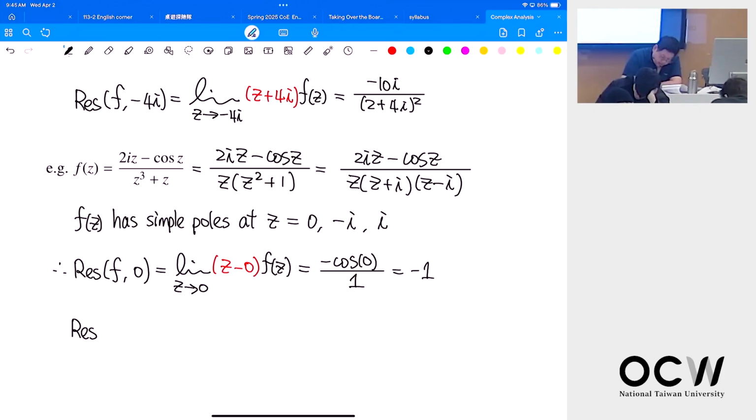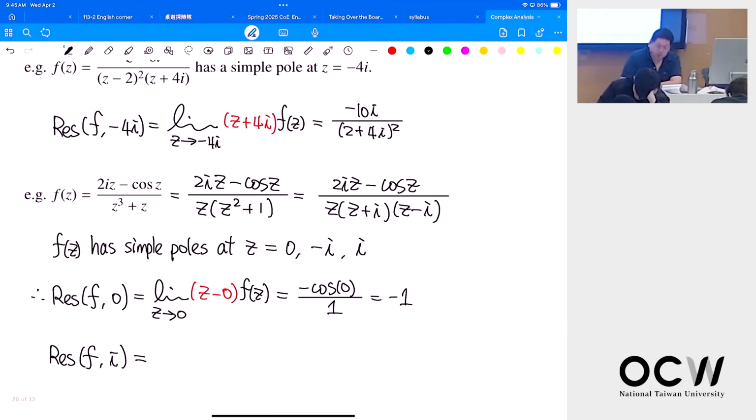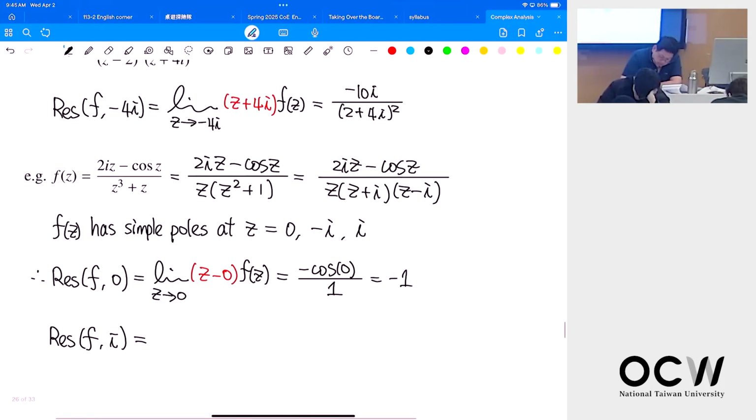And how about the residue at i? Similarly, z goes to i, and we have z minus i times your function. We have 2i times i minus cosine i divided by minus 2.